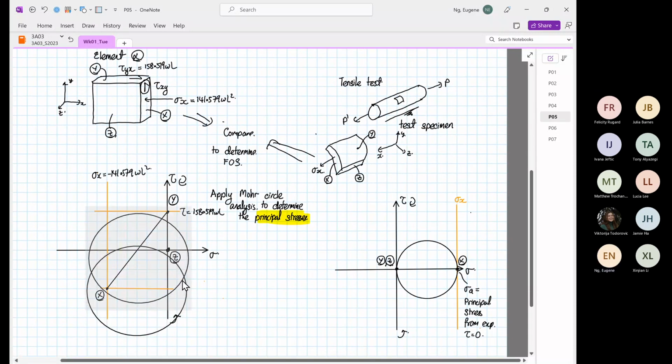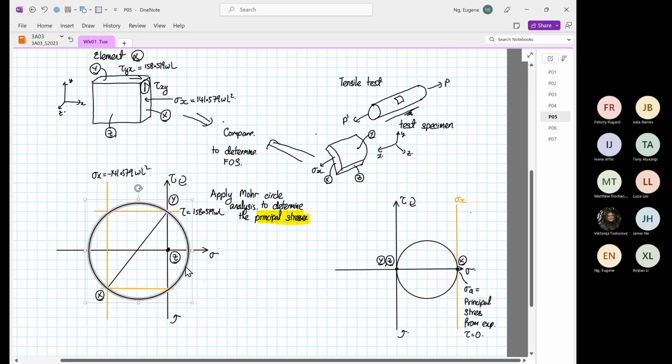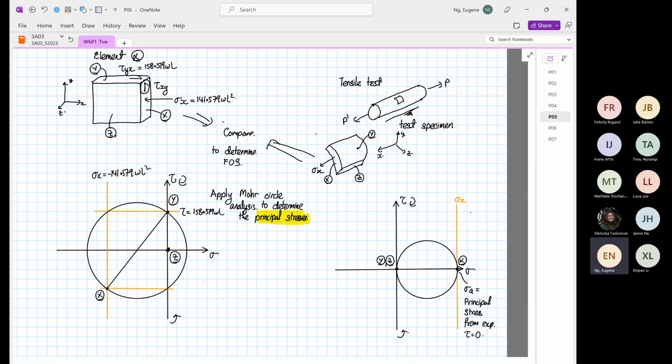I'm going to move this up. Okay, so this is our first Mohr's circle. And because it touches point X and point Y, this circle belongs to the XY plane. And I'll teach you this later on.